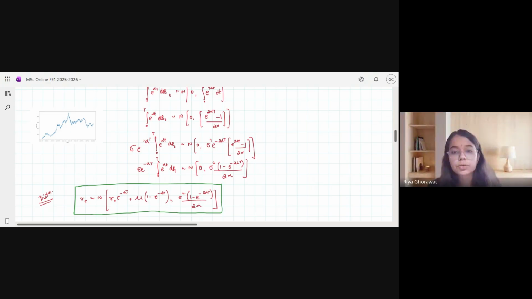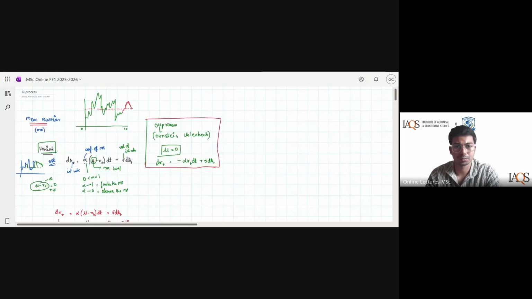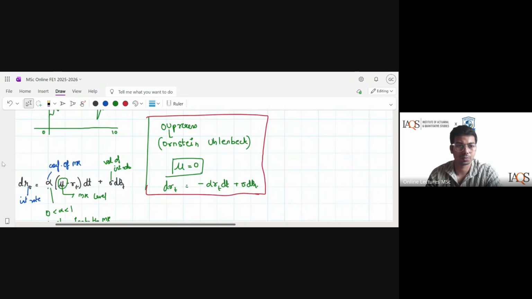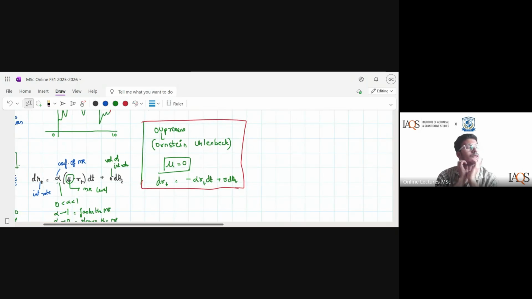Also, can you show the OU process? The entire derivation is the same, only mu will be equal to 0.